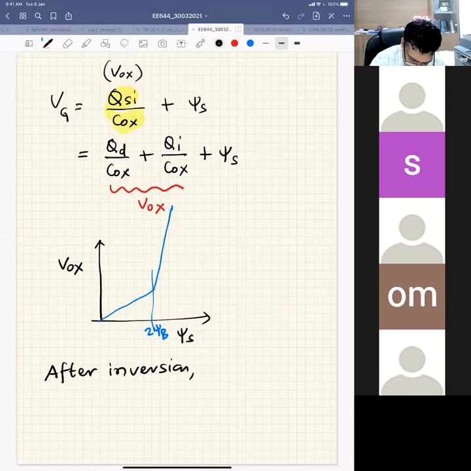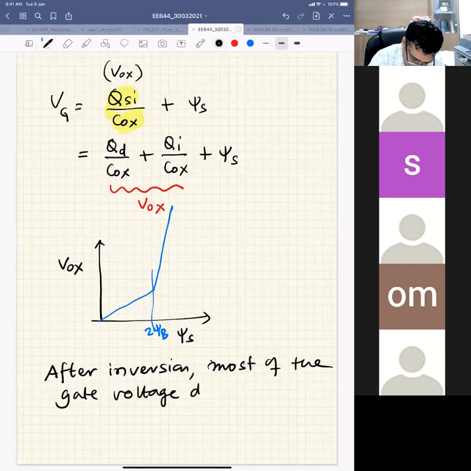So after inversion, most of the gate voltage drops across the oxide, right?